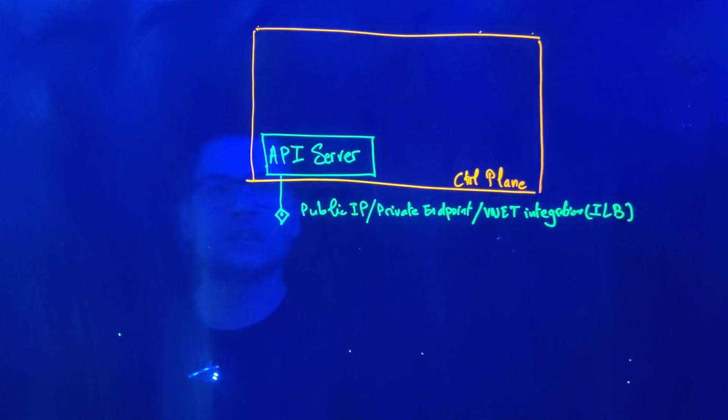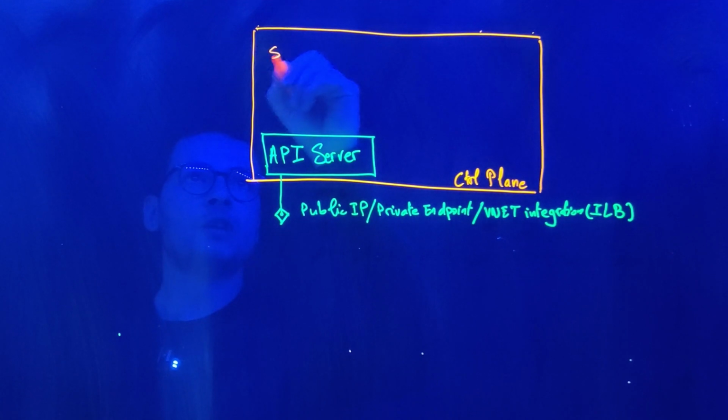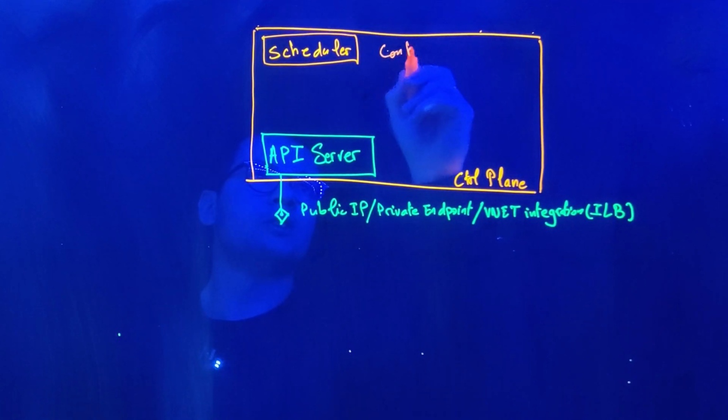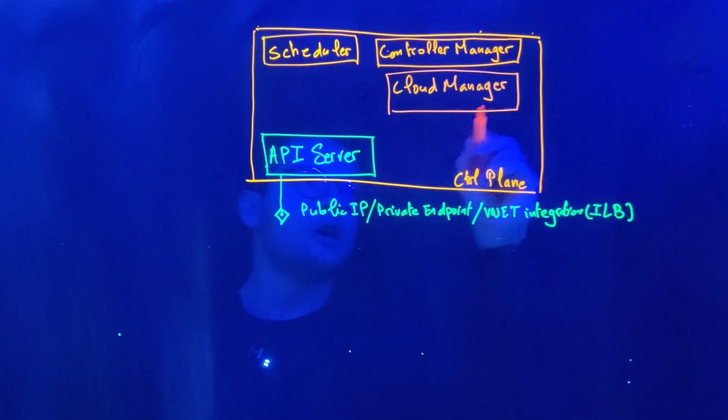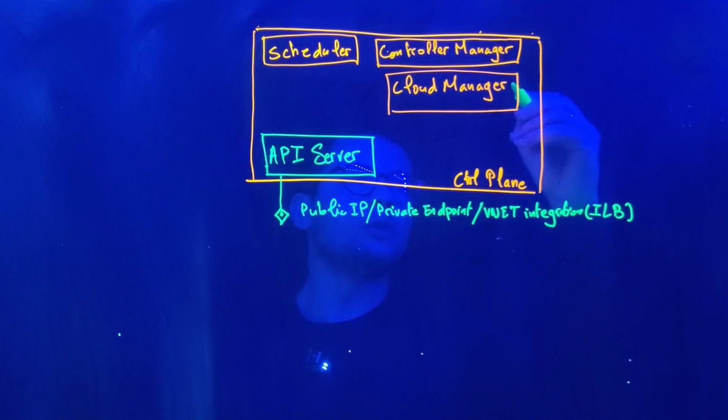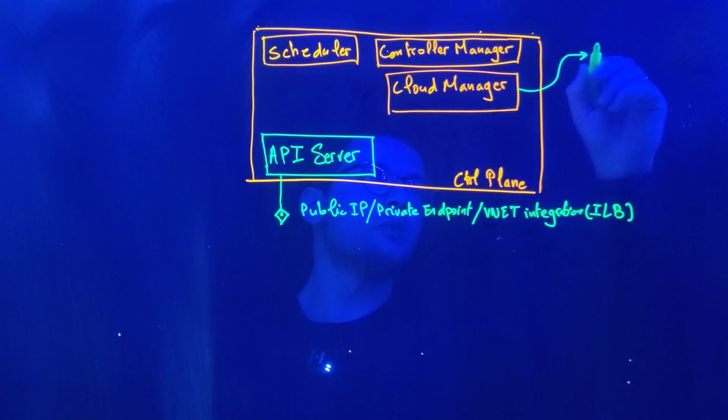The other components that we'll find inside the control plane would be the scheduler, controller manager, and also the cloud manager. The cloud manager's role is to connect to the Azure API. This component is the one that talks to Azure for provisioning resources.